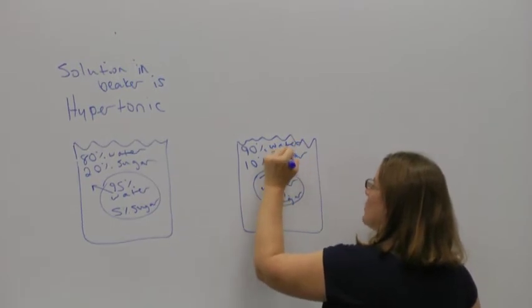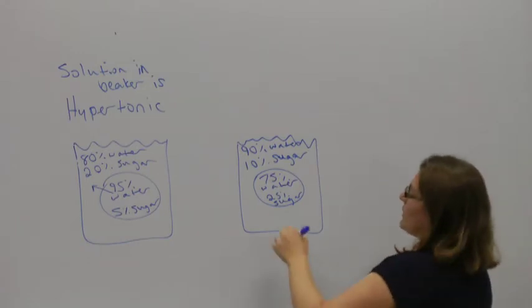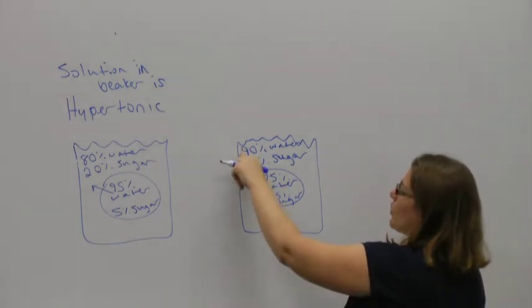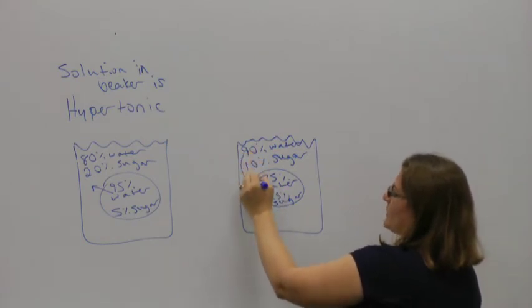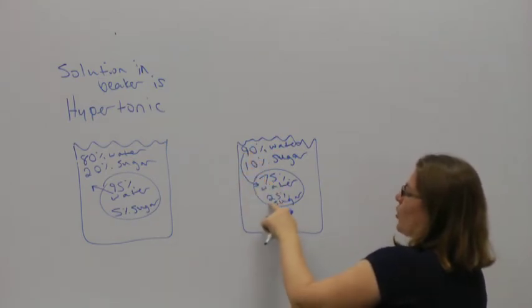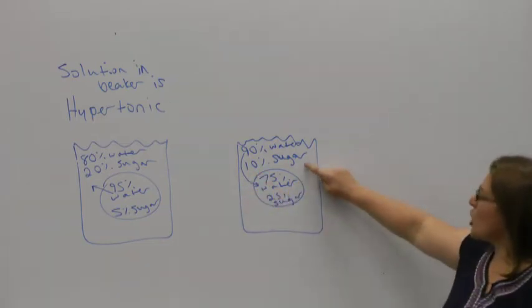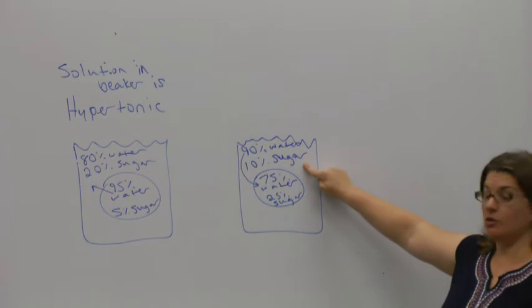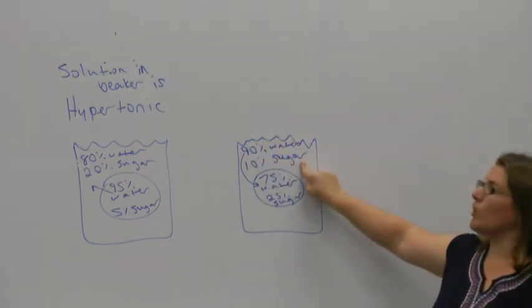Okay, which way is the water going to move here? Into the cell, right? From the area in which there's more water to less water. And that also means that you have more solute in the cell than outside. So the solution has very low solute. So this solution that has a whole lot of water and very little solute is called what?